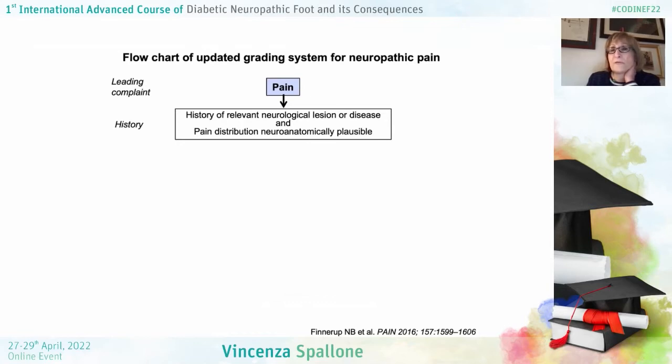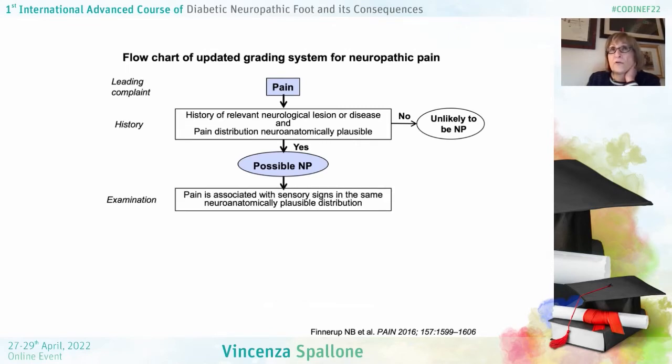And the International Association for the Study of Pain has delineated the flowchart for the diagnosis of neuropathic pain, starting from the presence of pain that has to satisfy the characteristics of neuropathic pain, and should have a neuroanatomically plausible distribution. And in this case, there is a possible neuropathic pain.